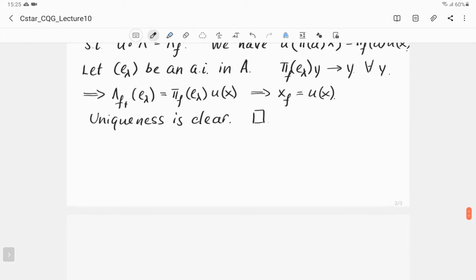In fact, combining our results, now we get the following picture. This is a simple exercise for you, which easily follows from our results.